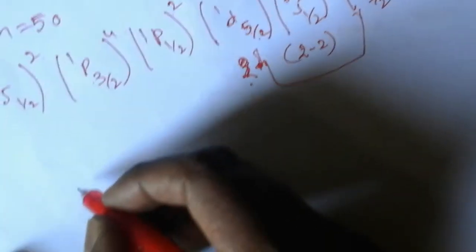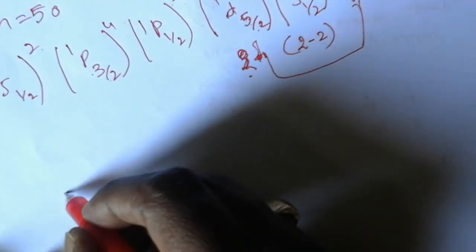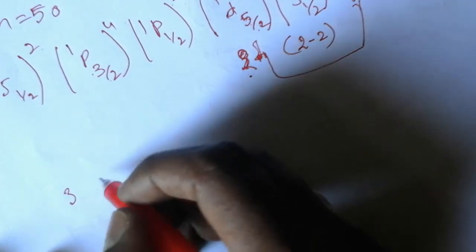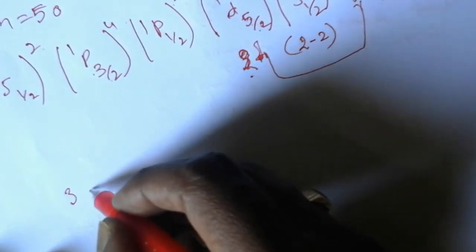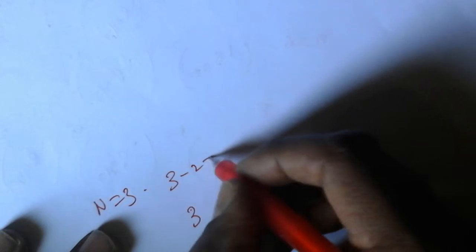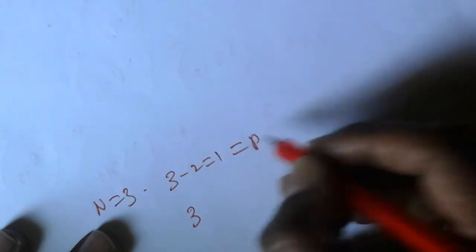Now come to the third orbit. If I take n is equal to 3, then 3 means s, p, d. s is equal to 0, and 3 minus 2 is equal to 1, which is p.